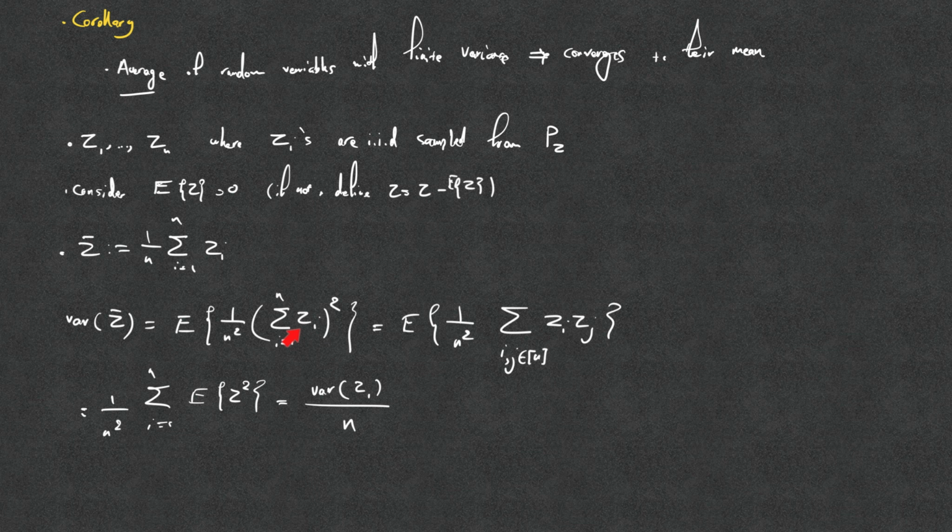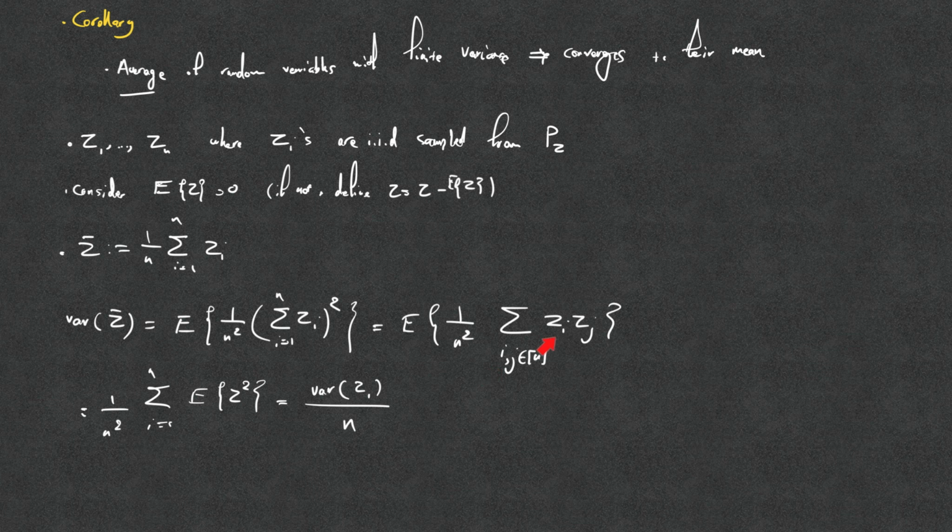Then you get E of 1 divided by n^2 times this summation: z1 plus z2 plus all the way to zn, times the parentheses z1 plus z2 all the way to zn. Therefore, for any combination of i and j, you have a zi zj term. Note that i and j both can have any value between 1 and n, and this covers the whole thing.